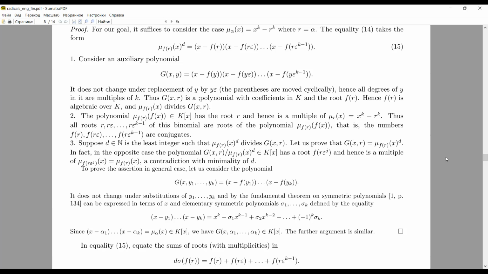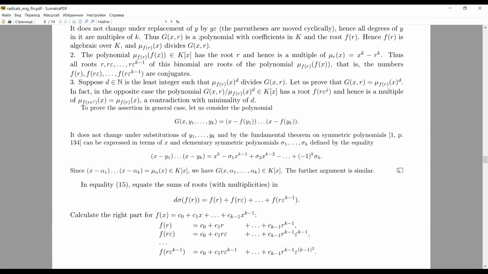And this contradicts the minimality of d. So we finish the proof of this lemma in the partial case of a binomial. The proof in the general case is almost the same, but we need to consider a slightly different polynomial g, which you see on the screen, and use the theorem on symmetric polynomials.